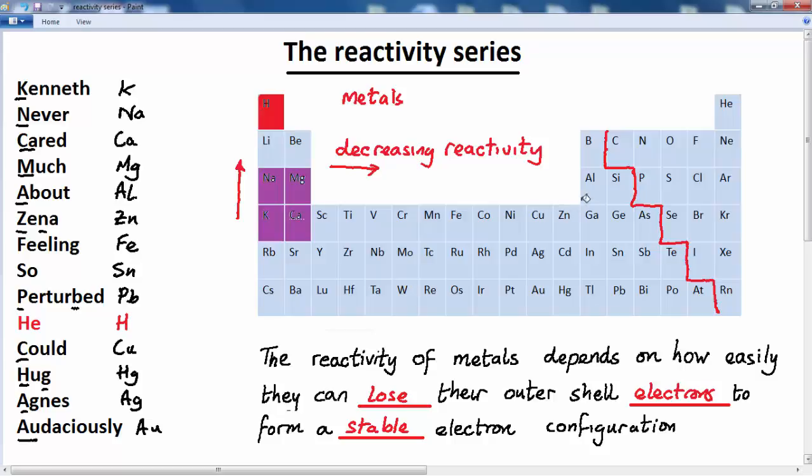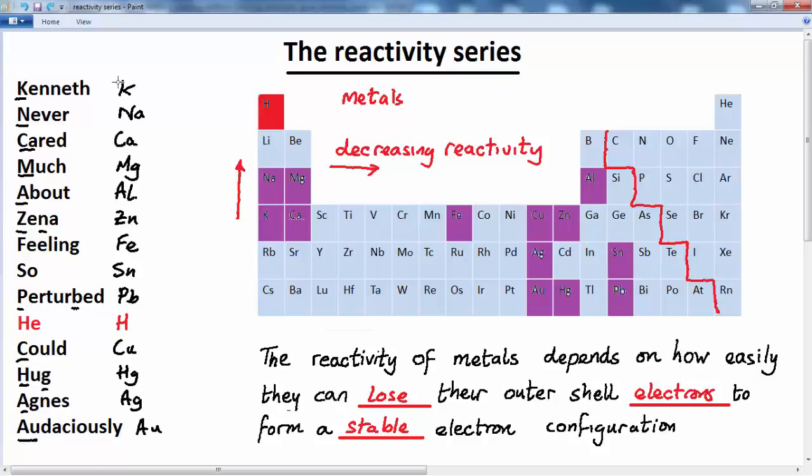And then we move over to group 3 elements. We have aluminium. And then after that, we've got some transition elements, for example, zinc, and then iron. And then moving on to group 4, the group 4 metals, we have lead and then tin. And then, of course, we have hydrogen here as a reference. And then after hydrogen, below hydrogen, we've got copper and then mercury and then silver and gold.